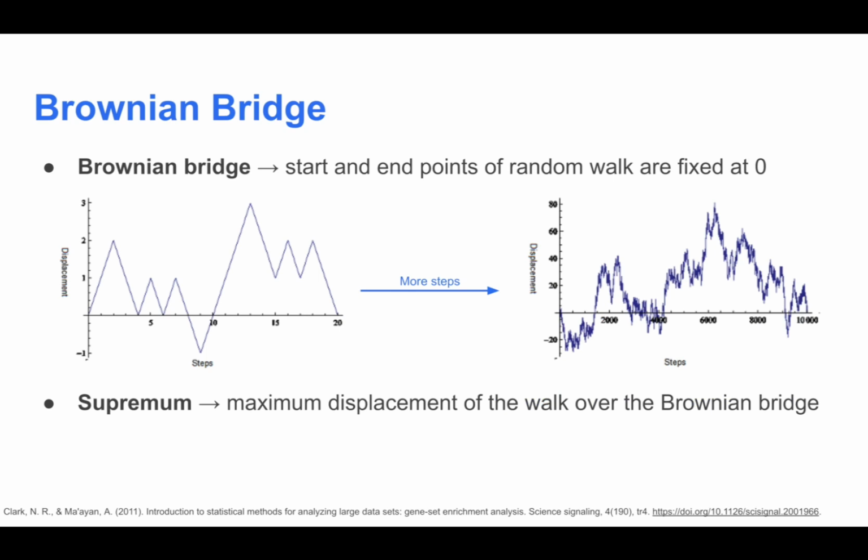The Brownian bridge plot then, which is what our random walk plot is based on, is built on that same concept of Brownian motion, except that the start and the end points of the walk are fixed at 0. So you'll start and end at 0, but in the middle, the displacement will continue to be sort of random. And essentially the supremum of this plot would be the maximum displacement of this walk over the Brownian bridge. So wherever you have the greatest displacement from that 0 point.